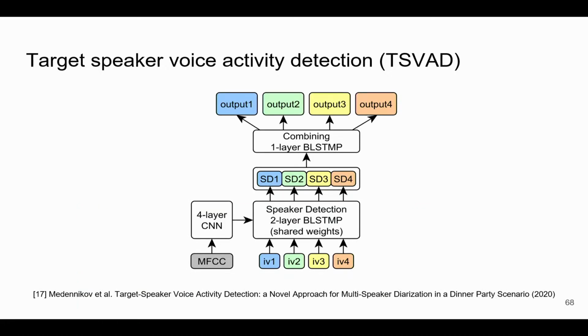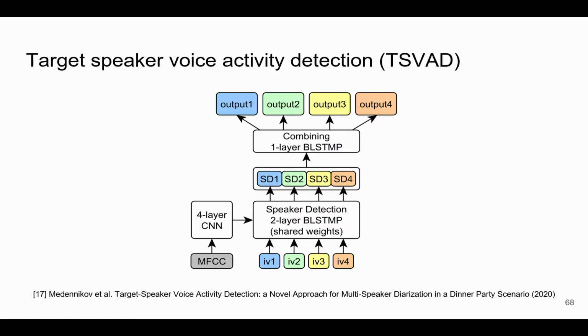Just to give you an idea of what the architecture was in 2020, the speaker embeddings were I-vectors. I mentioned that I-vectors were an old thing. Well, back then they managed to make it work with I-vectors, and it took a while until X-vectors could be plugged into this kind of architecture, and they worked better. You see here that the way of deciding on the activities is separated into 2 parts.